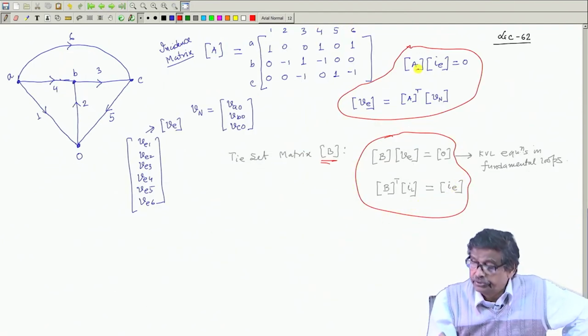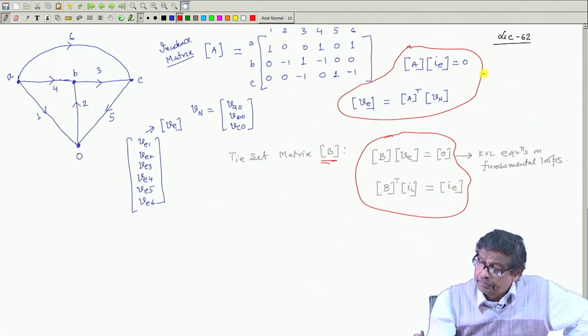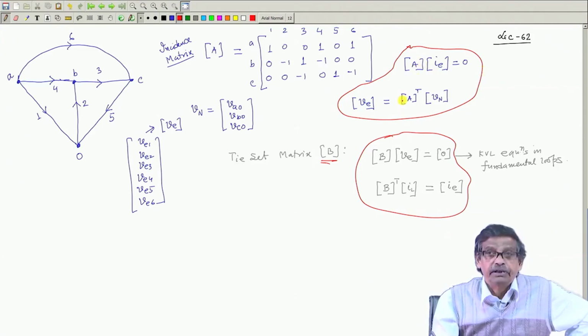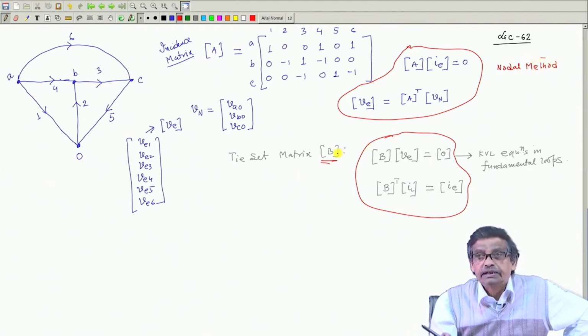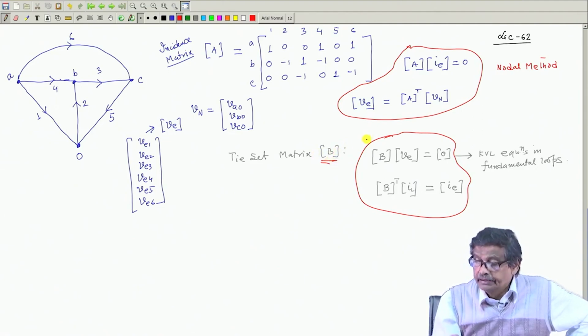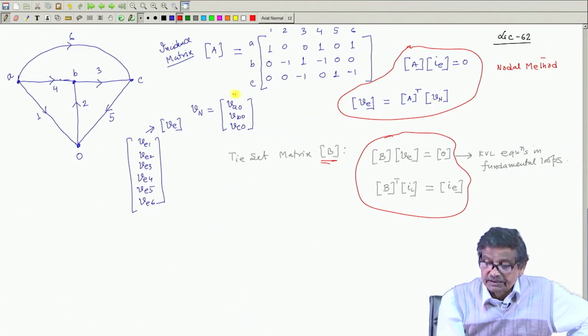Generally, we will show you that this particular A matrix will be utilized, these two equations, while solving circuits by the nodal method. Why? Because in node methods, we write down the KCL at different nodes, and then we try to find out the node voltages, which is V n, this vector V A 0.